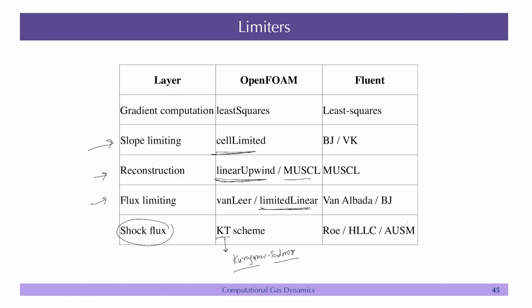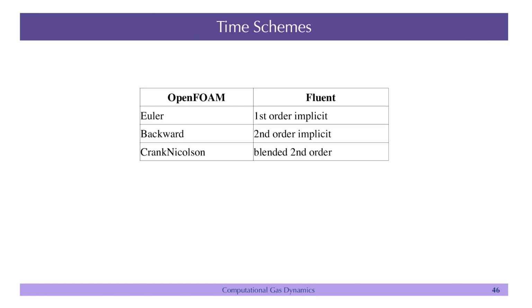In Fluent you have more choices because you have specific density based solvers. Once you start Fluent, you can choose either the pressure based solver or the density based solver. As soon as you go to the density based solver, you can choose Roe, HLLC or AUSM, actually it is AUSM plus. In terms of time schemes, in OpenFOAM you have Euler, backward, Crank-Nicolson.